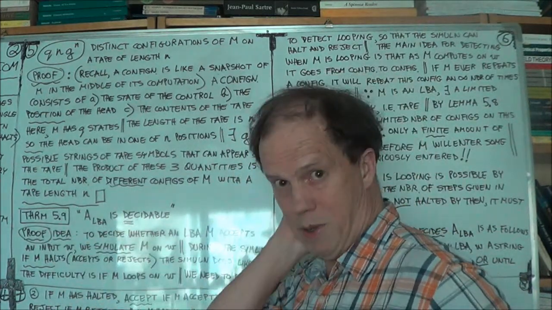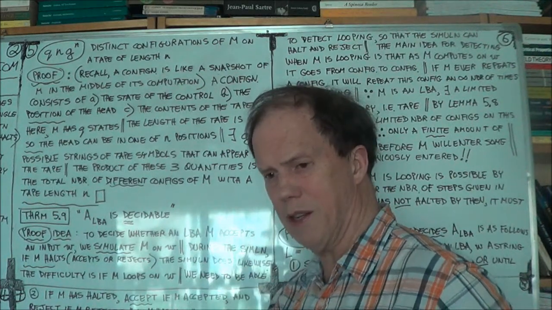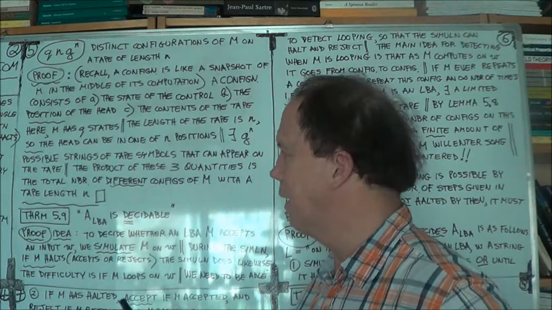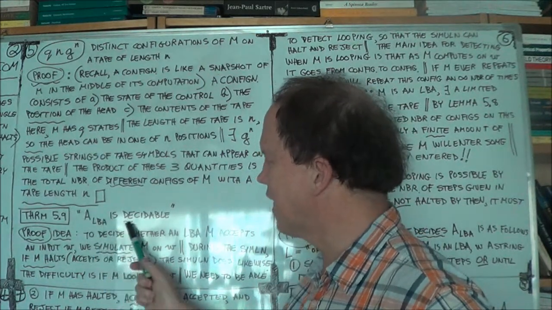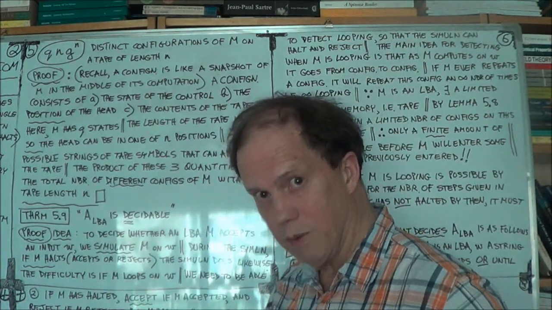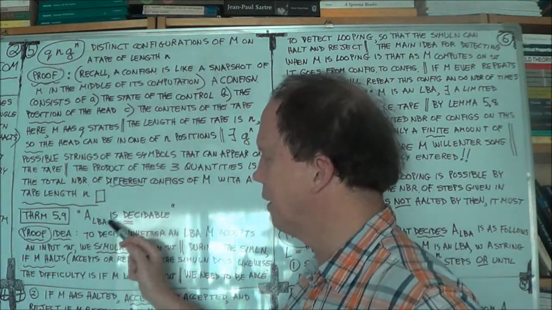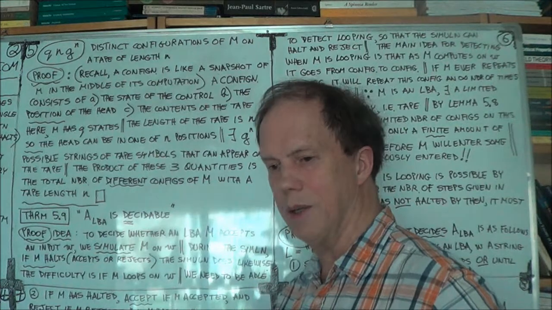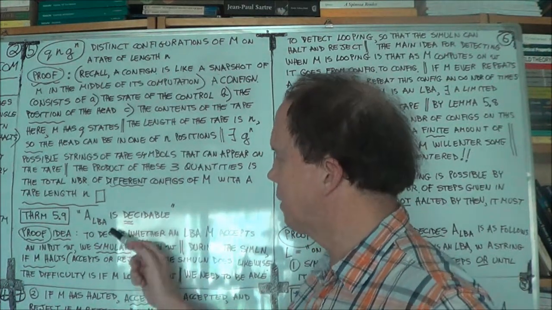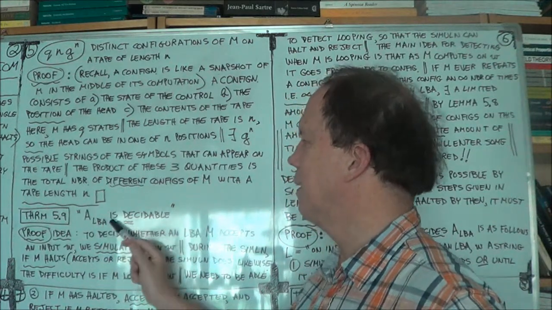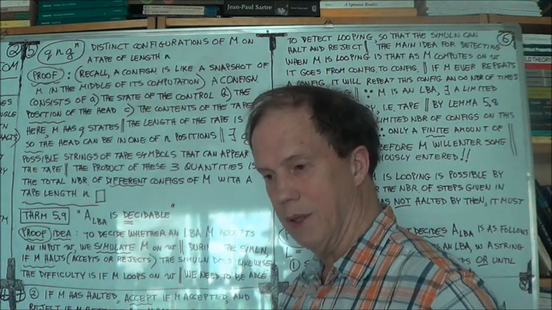You may remember me saying, perhaps surprisingly, I'm not sure, depends what your intuition told you, but this language here is actually decidable. Different from ATM. You've had TM down here. ATM, we know, is undecidable. But in this case, A suffix LBA is decidable.